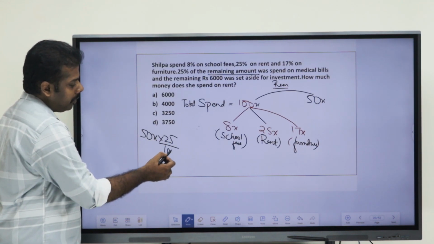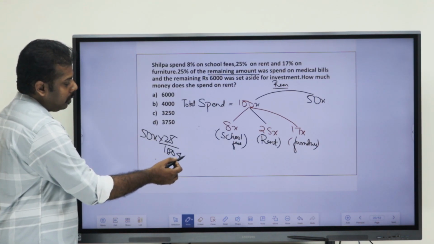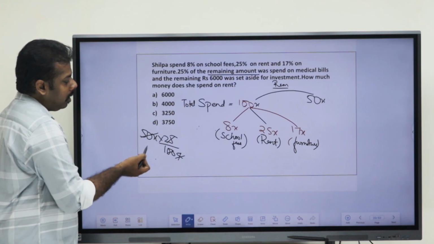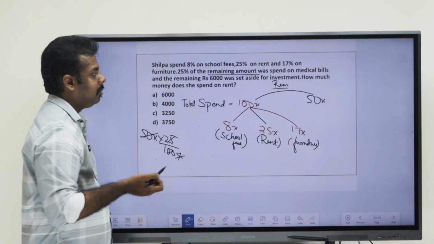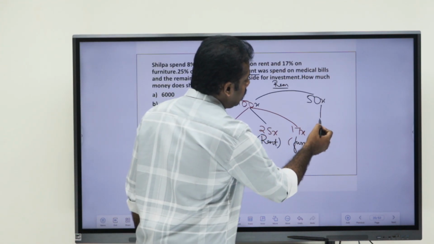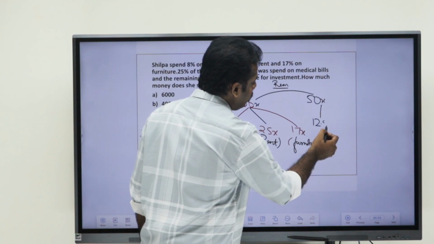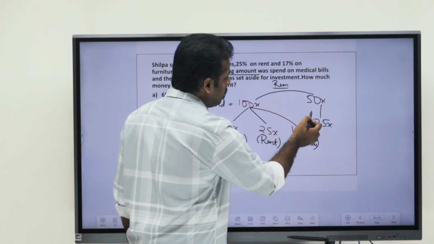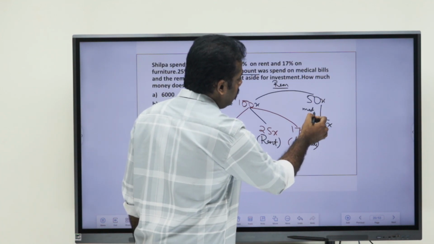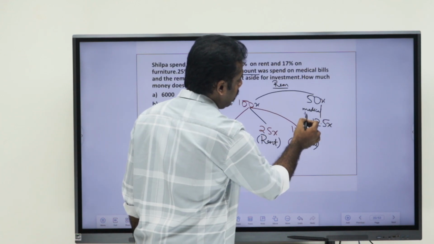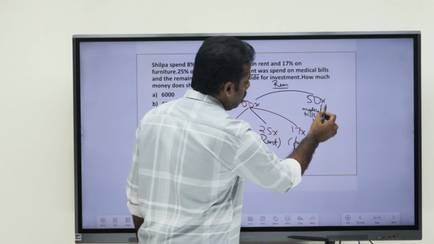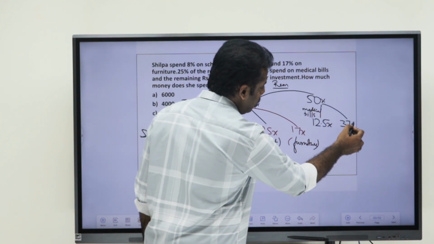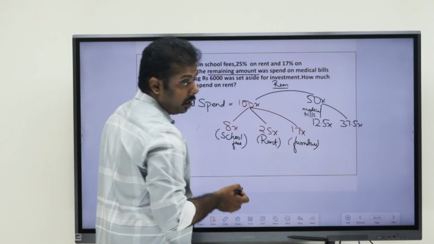That is 1/4 of the value, which is going to give us 12.5x. So out of 50x, 12.5x she has spent on medical bills. Now what is remaining here? 37.5x is what is remaining.